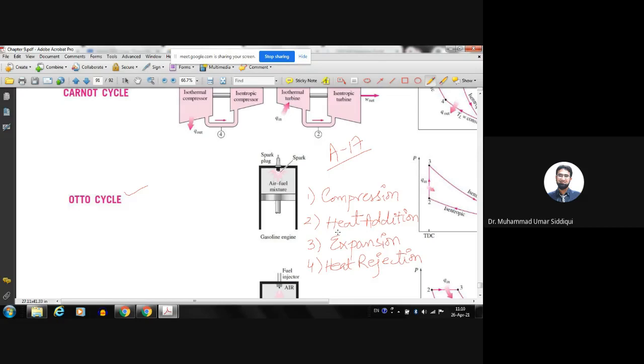Right now, I'm not explaining what the Otto cycle, the diesel cycle, or the Brayton cycle is, but these three cycles are going to be used, and I'm trying to help you memorize this very easily and quickly. These are the four processes that occur in all the cycles, and the sequence is always compression, then heat addition, then expansion, then heat rejection.